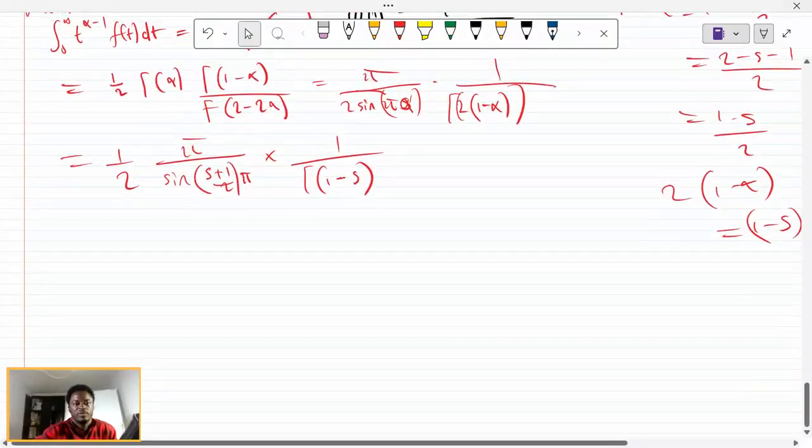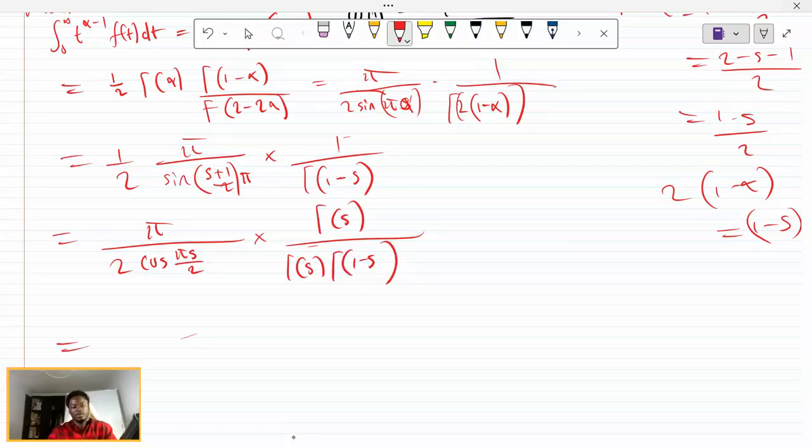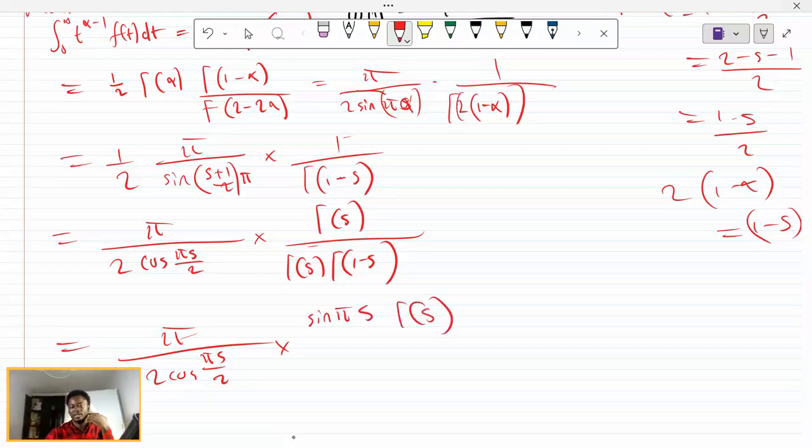Then here we can multiply top and bottom by gamma of s. So you have pi over 2 cosine of pi s over 2, then you have gamma of s over gamma of s times gamma of 1 minus s. That would be equal to pi over 2 cosine of pi s over 2 multiplied by, this is pi over sine pi s, so we can just flip it and get sine pi s gamma of s all divided by pi.